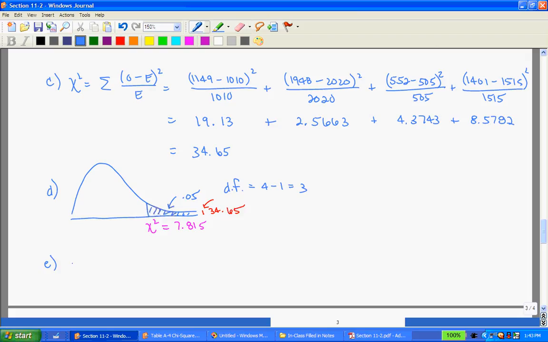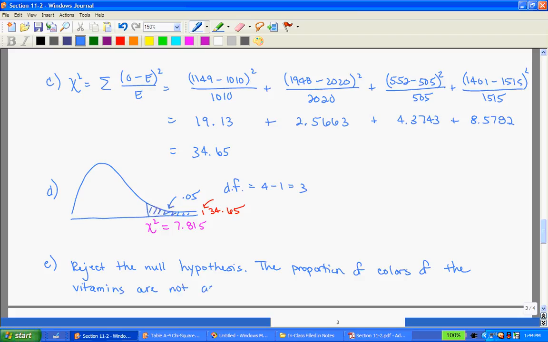So our conclusion would be to reject the null, and in the context of the problem, we would say something to the effect of the proportion of colors of the vitamins are not as the company stated.